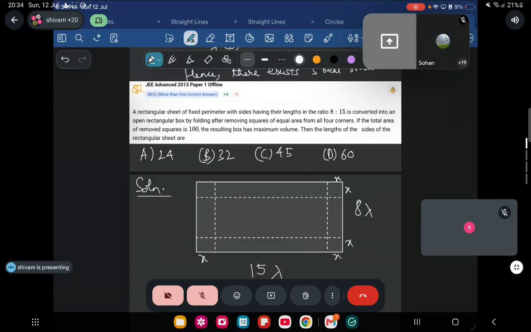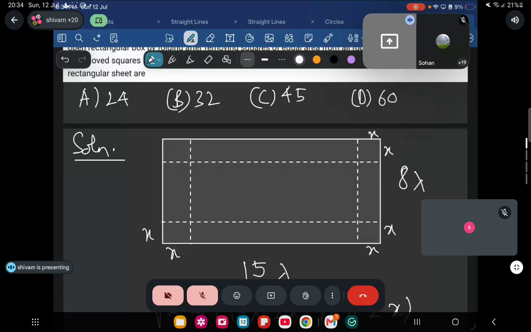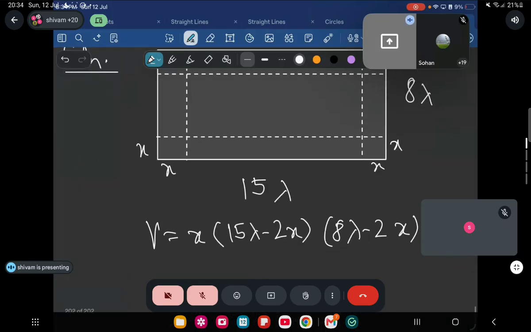Tell me everyone, what is the volume of the open box? Volume is equal to x into 15 lambda minus 2x into 8 lambda minus 2x. The upper part is not there, it is an open box.